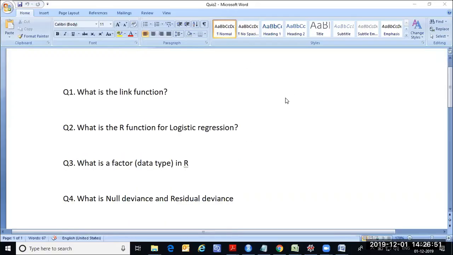Okay. So what is the link function in logistic regression? What is the link function?